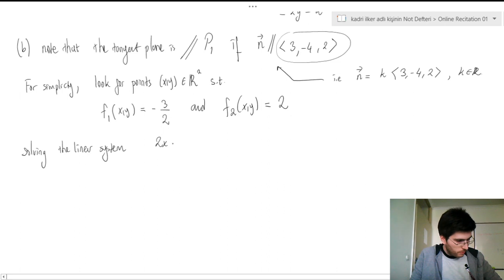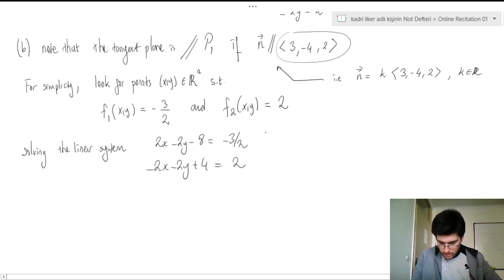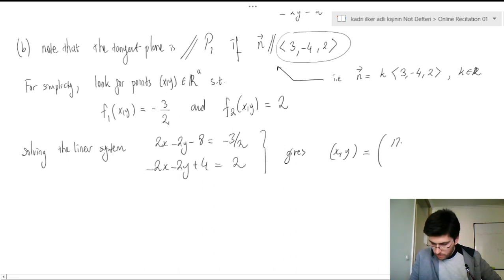So this was the first one, but now instead of equating to 0, we have this, and the other parts something like this. Let me write it directly. This gives the point, which holds whenever the point (x, y) is this point.